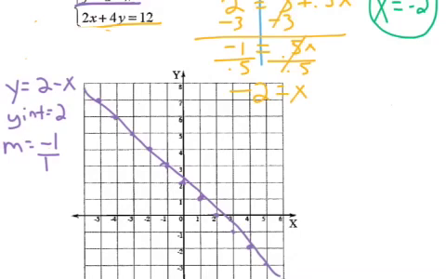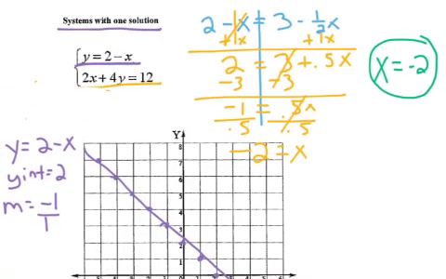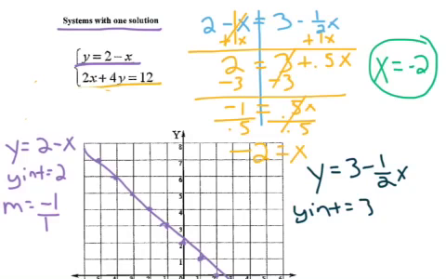Now, to get the other equation, remember we already solved it in the y equals form, so it was y equals 3 minus 1/2 x. My y-intercept is positive 3. My slope is negative 1/2.